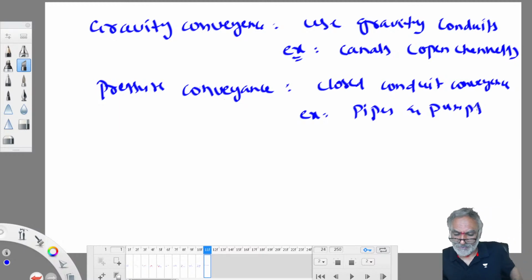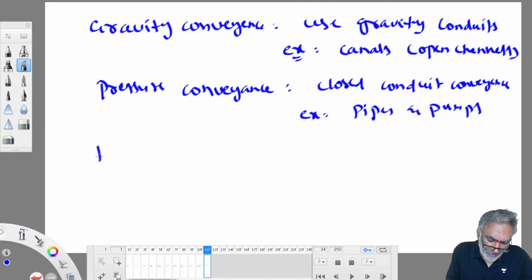Example, it requires pipes and pumps. So pressure conveyance we recommend more compared to gravity conveyance.